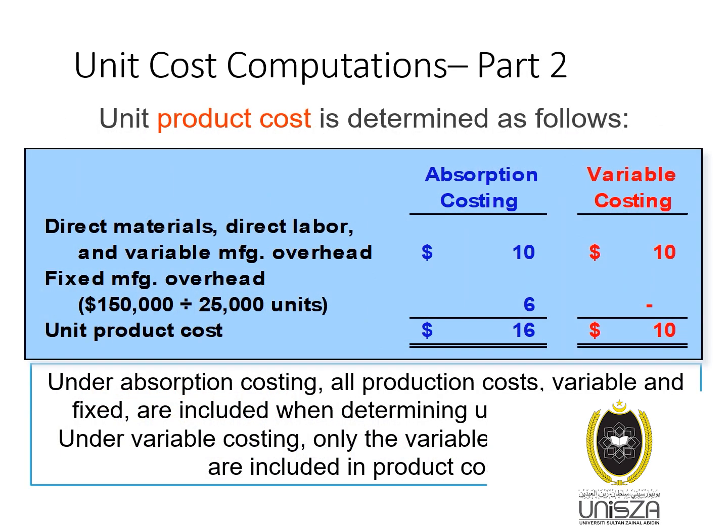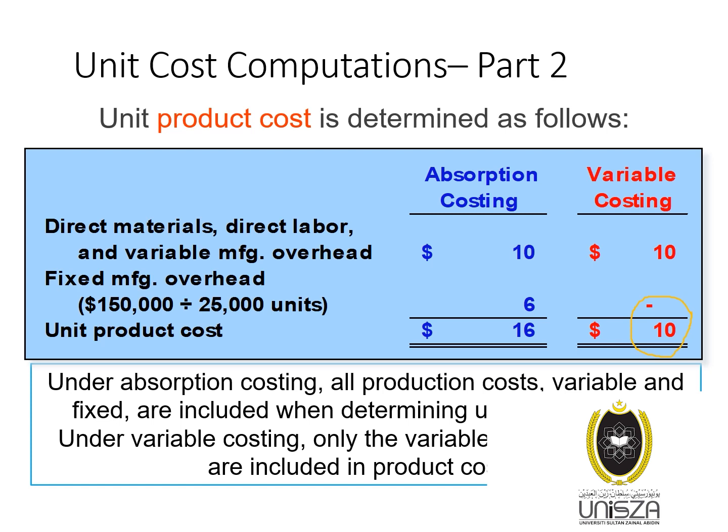Next, we look at the unit cost computation under the absorption and variable costing. As we know, under the variable costing, we only accumulate the product cost including the direct material, direct labor, and variable manufacturing overhead. And the total product cost per unit will be $10.